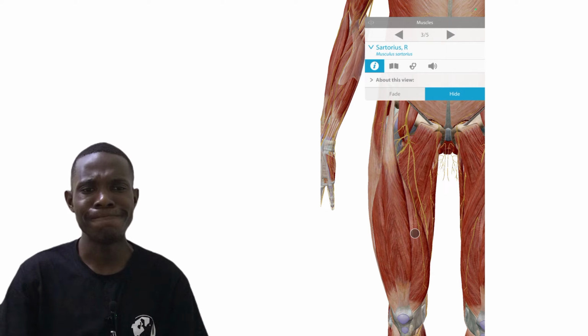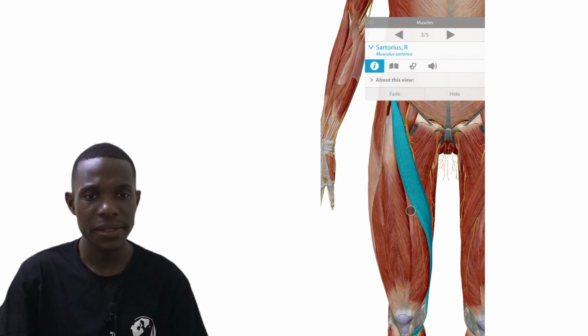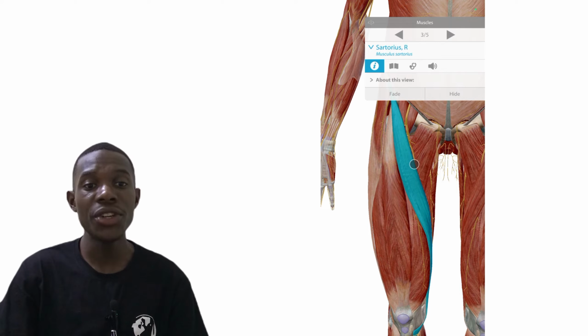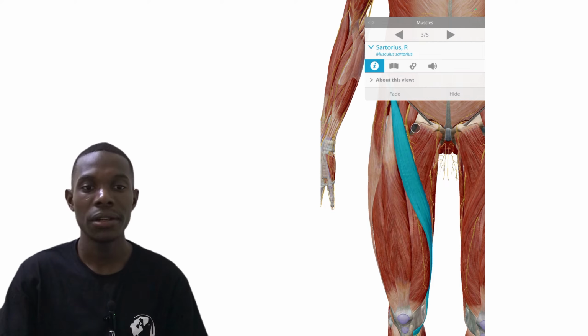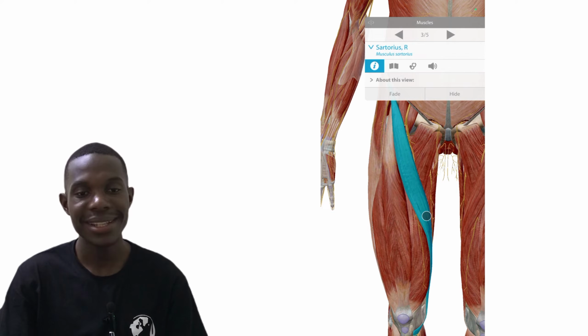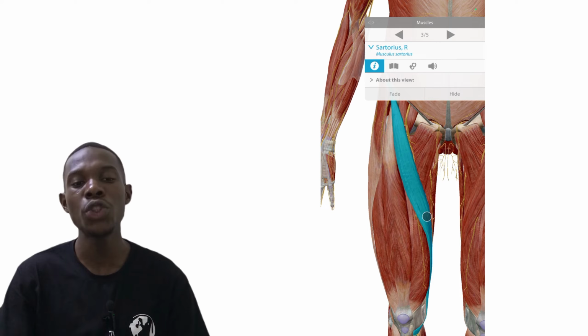I have to mention this, that the sartorius at its upper half forms the lateral border of the femoral triangle, and at its lower half, it forms the anterior medial border of the subsartorial or the adductor or the Hunter's canal. Very important.